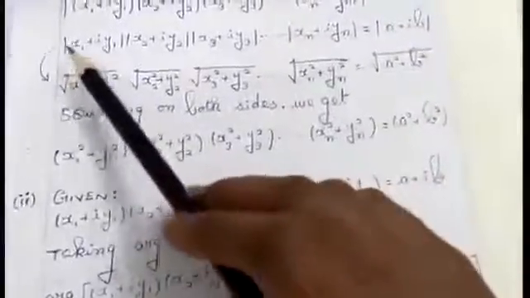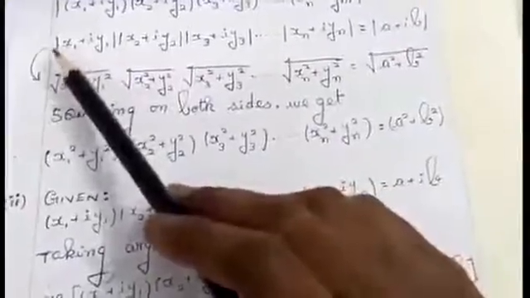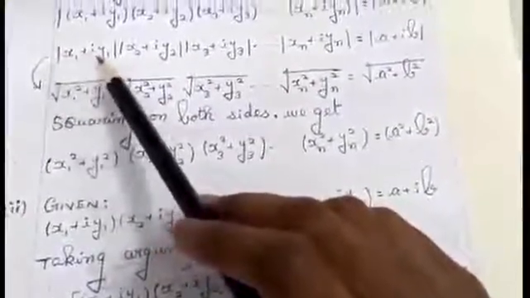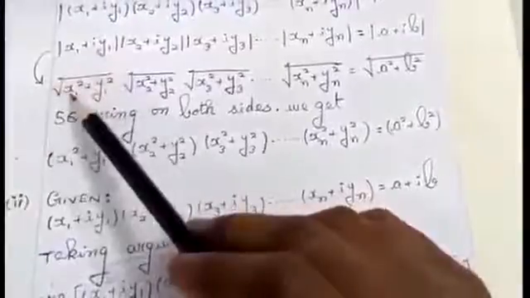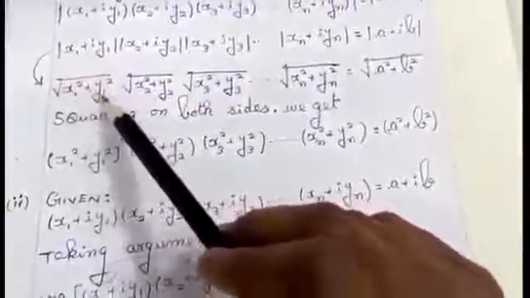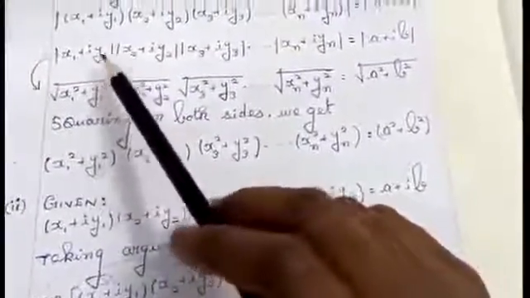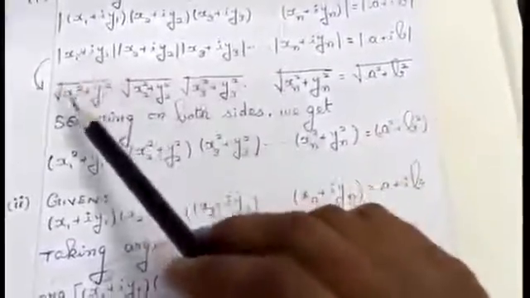The formula we use for the modulus of real part plus imaginary part is root of real part square plus imaginary part square. So for each complex number's modulus, I take the square root.